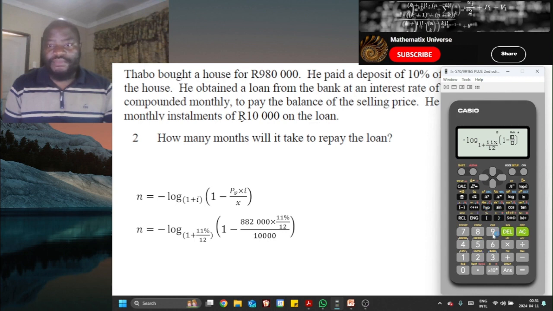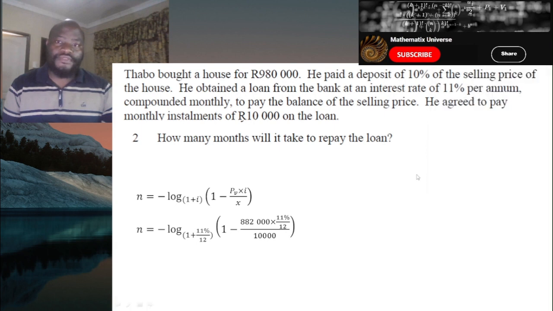And in our fraction we have 882,000 in the numerator, multiplying another fraction which is 11% over 12, divided by our monthly installment of 10,000, and this gives us 181.1379.